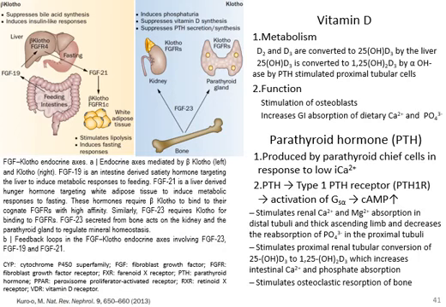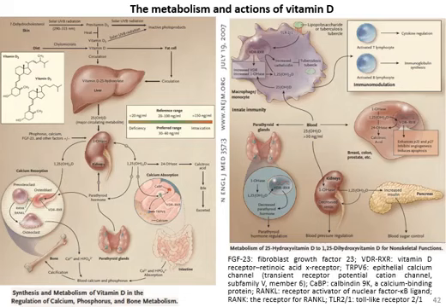Through several metabolites, it is activated by the liver and by the kidney upon stimulation by parathyroid hormone. Parathyroid hormone is secreted by the parathyroid cells, as we discussed previously, by the activity of the calcium sensing receptor.